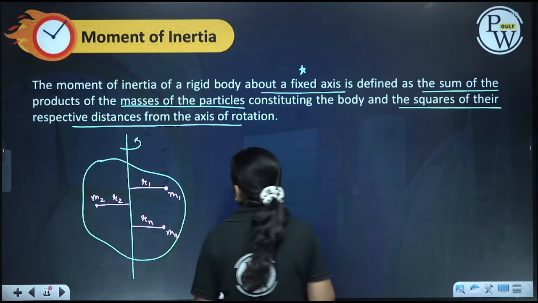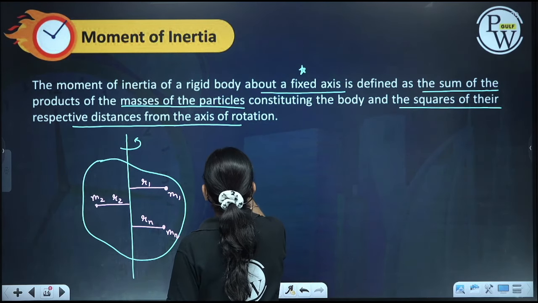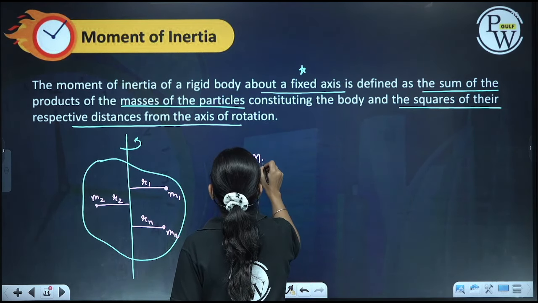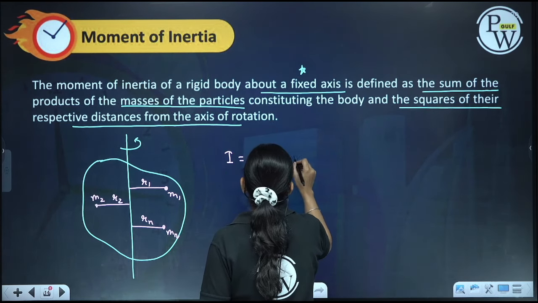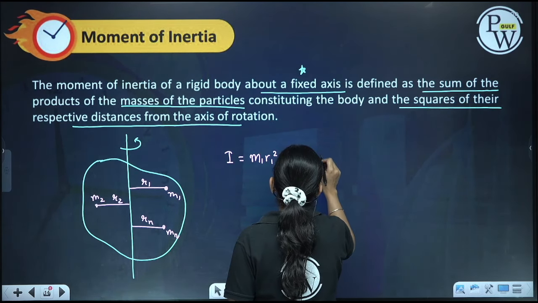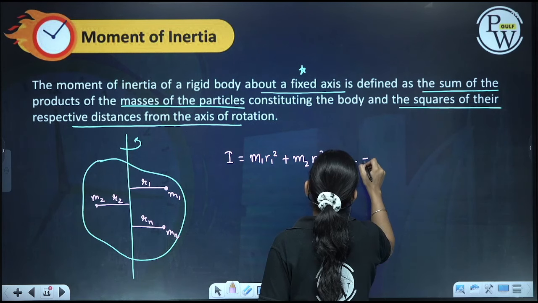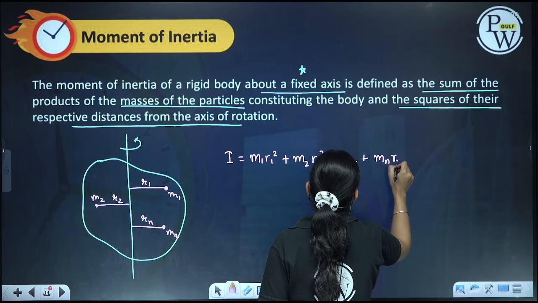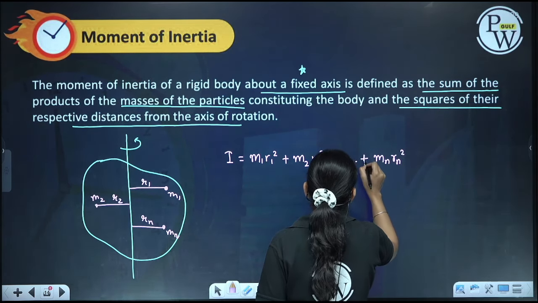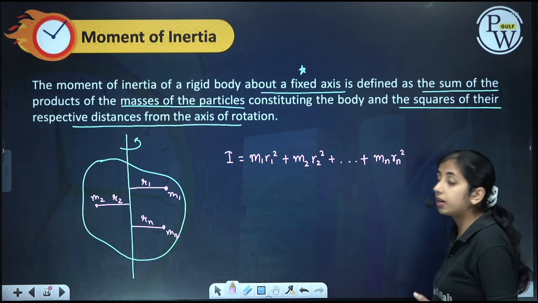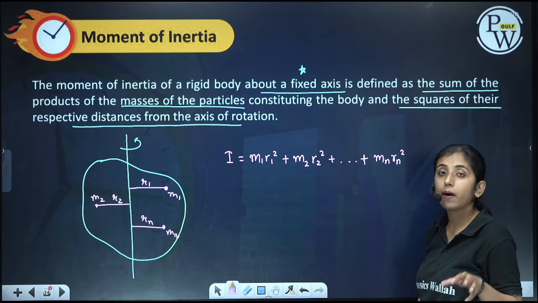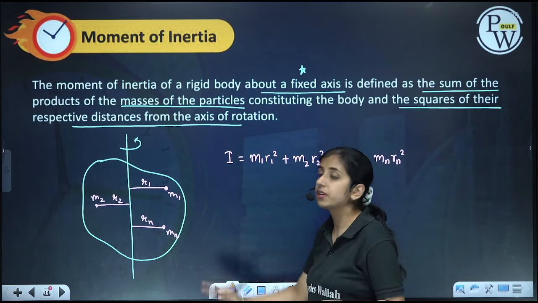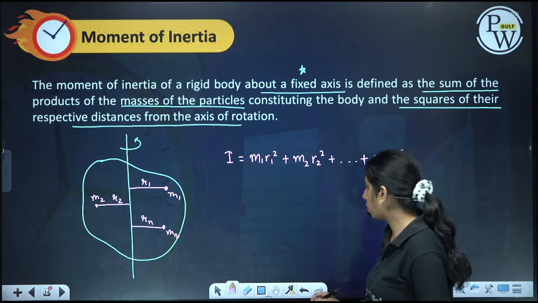So from here we will define moment of inertia. I will be equal to m1 r1 square plus m2 r2 square, and so on up to mn rn square. Okay, this is how we define moment of inertia: the sum of products of the masses of the body and the squares of their respective perpendicular distances from the axis of rotation.